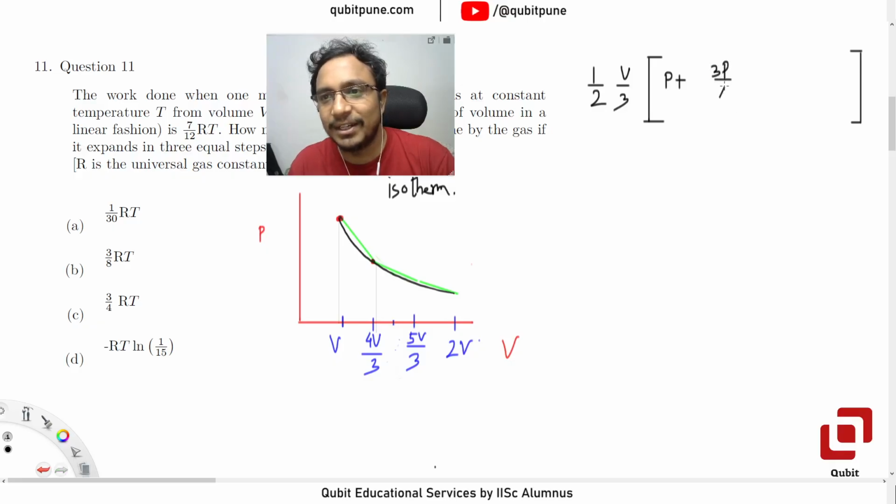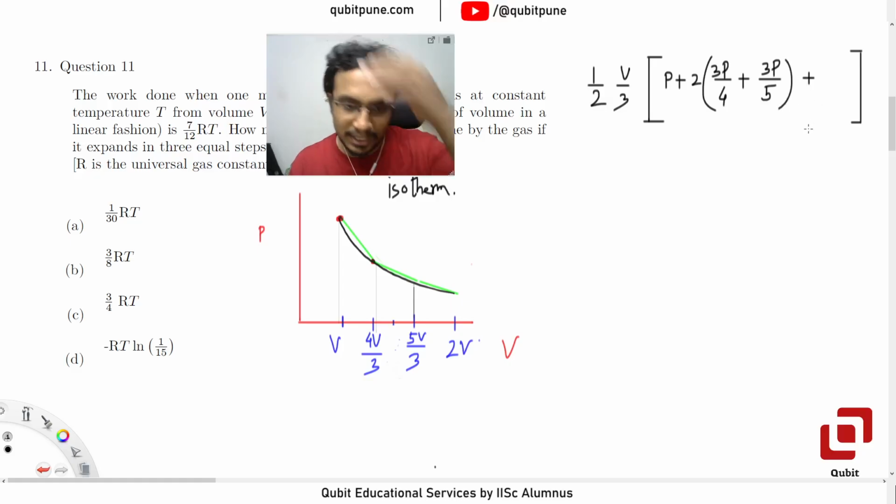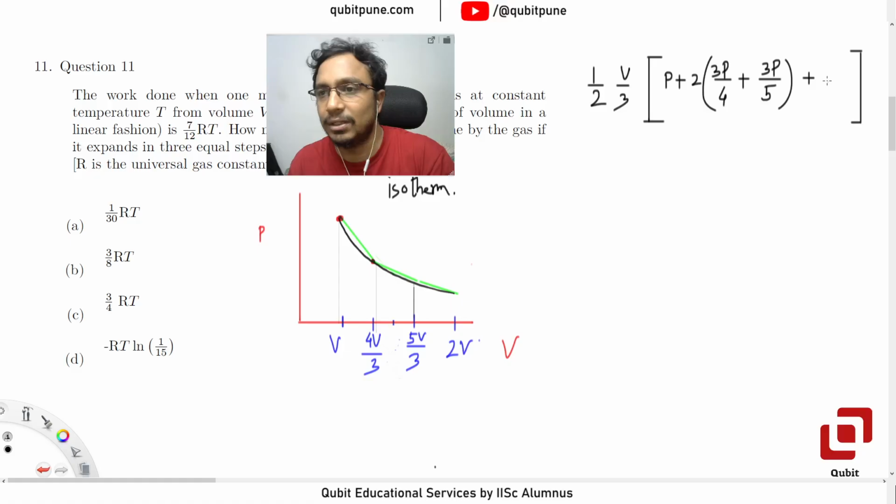In numerical integration we call it the trapezoidal rule. So this will come twice, this one and the one before. This is 5v/3, so this will be 3p/5, right? Yes, sir. Okay, 3p/5. 3p/5 will come twice, and then the last one is p/2, that will come only once.